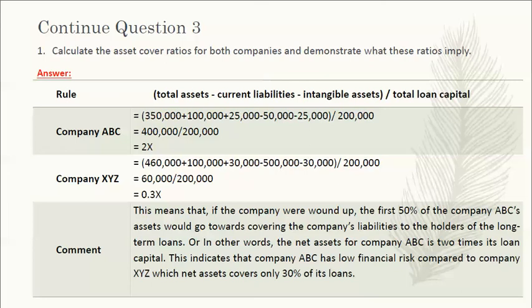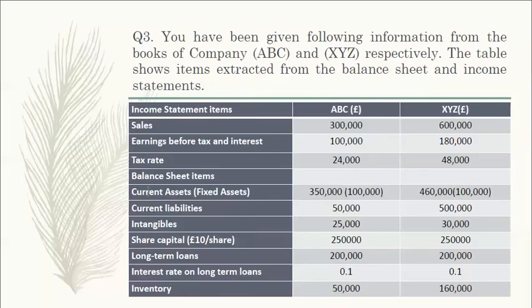For company ABC, I need to calculate first the total assets, as it is not given. But what was given? Current assets, fixed assets, and intangibles. The sum of these three items will give me the total assets.